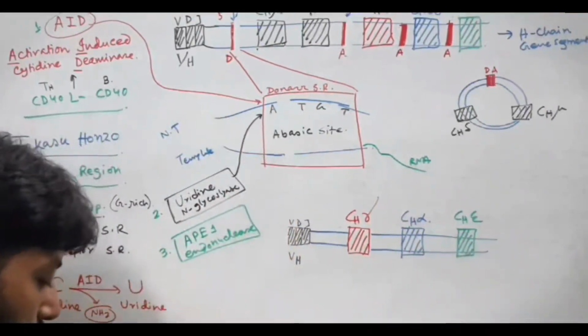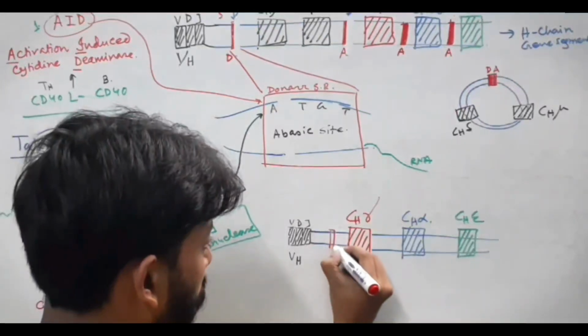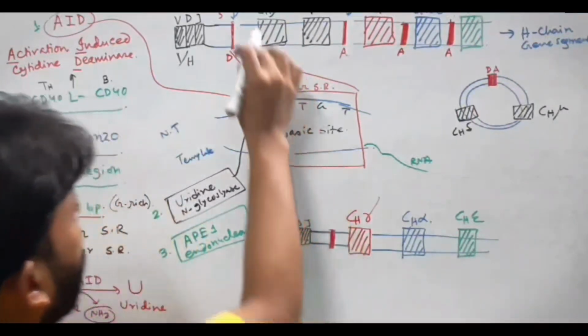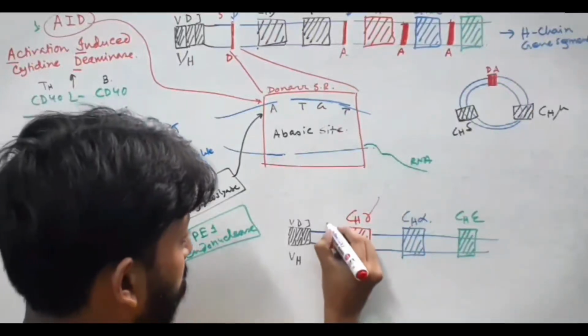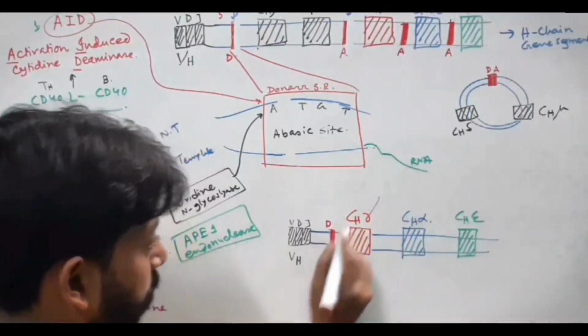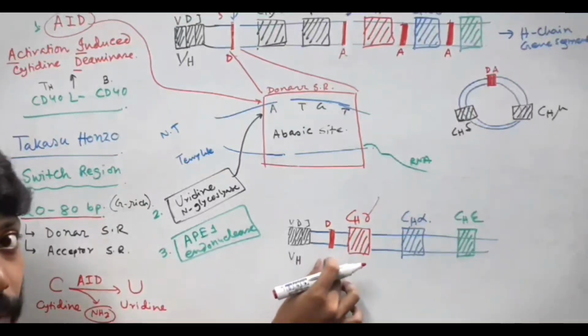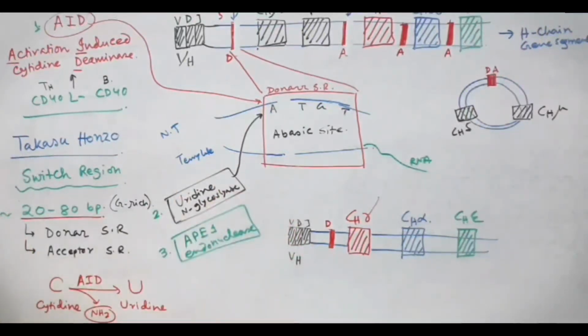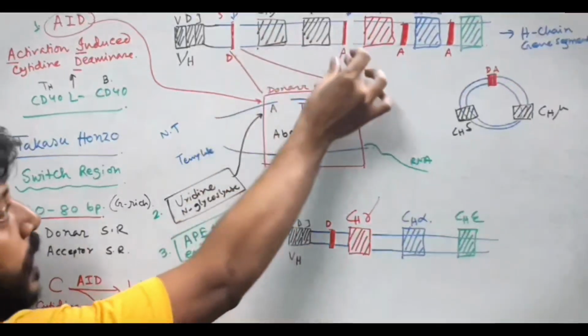Now you can see in this B cell, another segment is produced, because the half donor segment and the half acceptor segment will be present here. This is the donor and acceptor joining. Now this will be the donor switch region in these B cells. When the B cell goes through the first class switching, this half donor sequence and the half acceptor sequence will join, and this will form the donor sequence region another time.